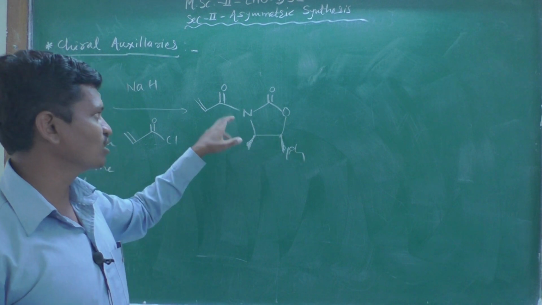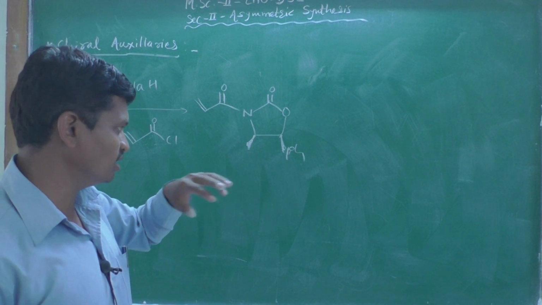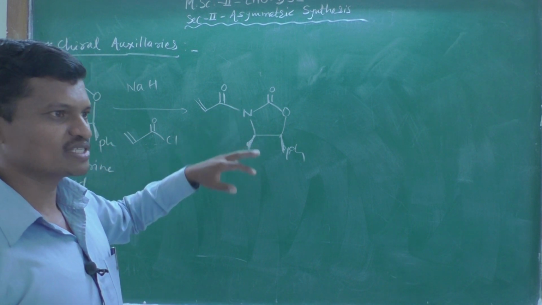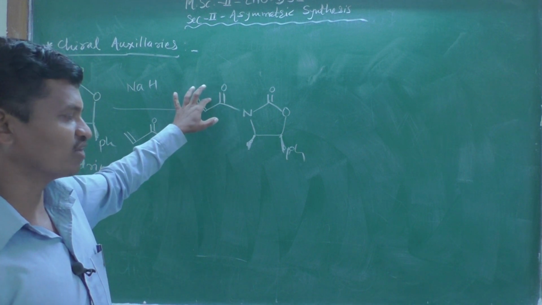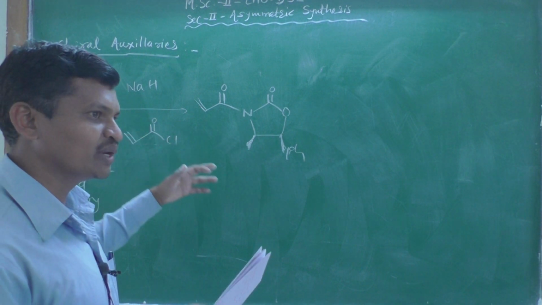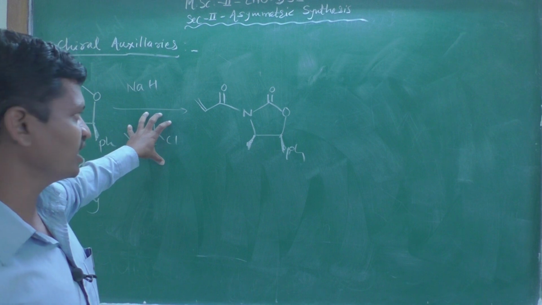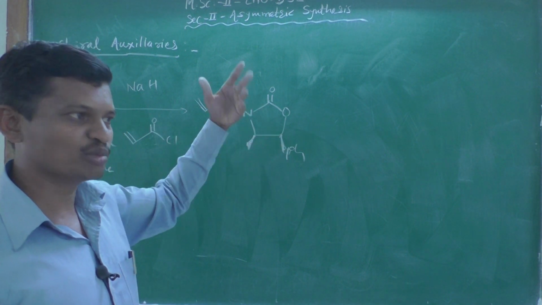So in this case, the bottom face attack of the diene will take place on this dienophile. This dienophile is now chiral due to the introduction of this chiral auxiliary, and the case is exactly reverse to that of the previous one.